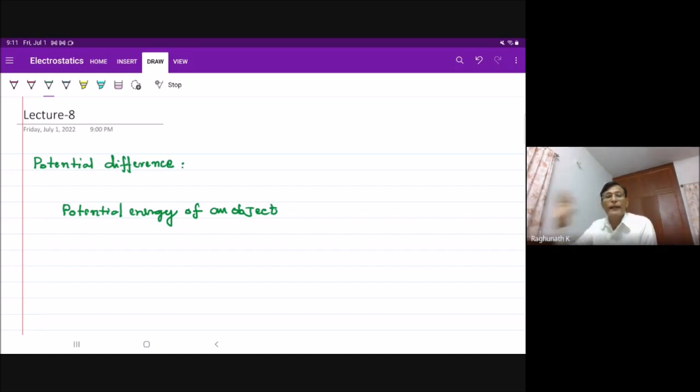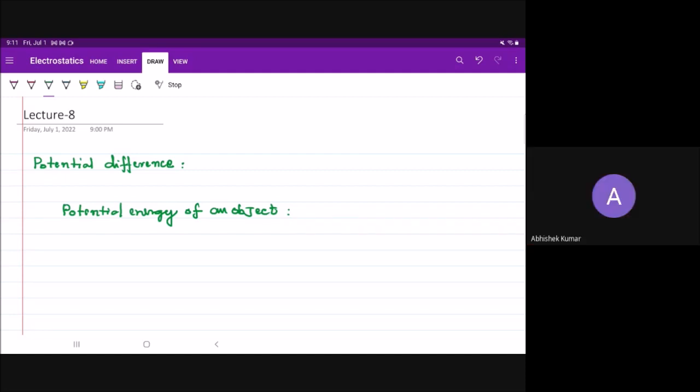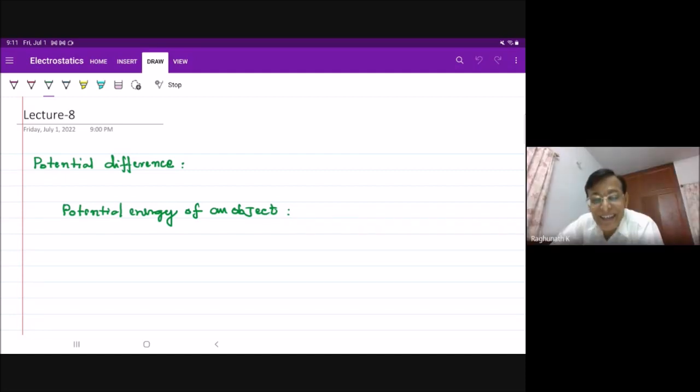But in physics, in mechanics, we should have studied something called potential energy, kinetic energy, work energy principle. What is potential energy of an object? Energy because of force.